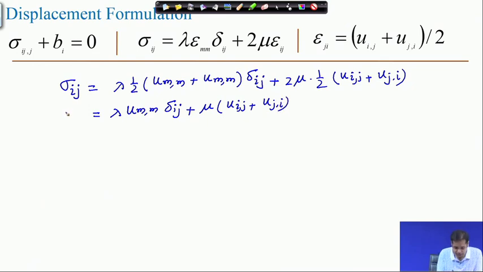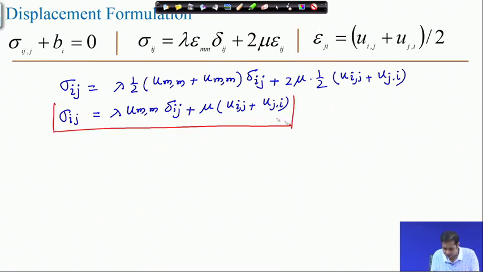Okay. So, this is equal to sigma ij. So, this is the combined equation when you combine the constitutive relation and the strain displacement relation.